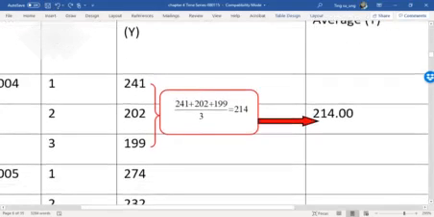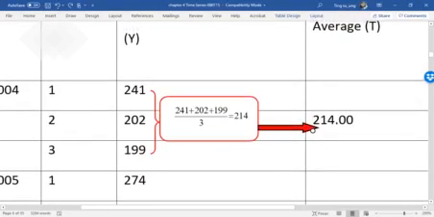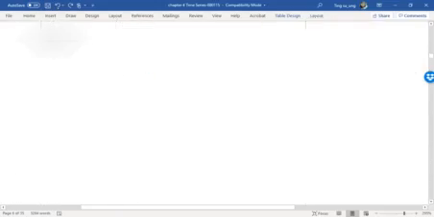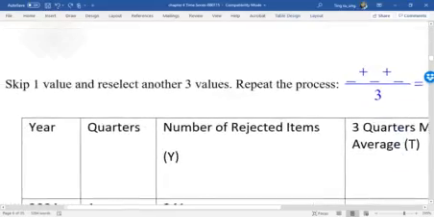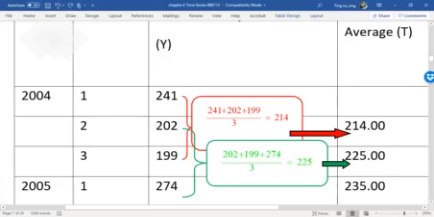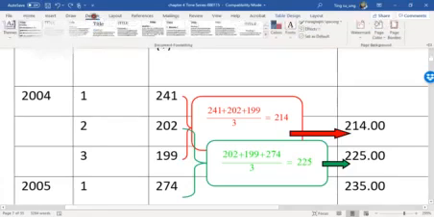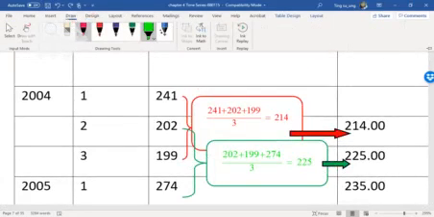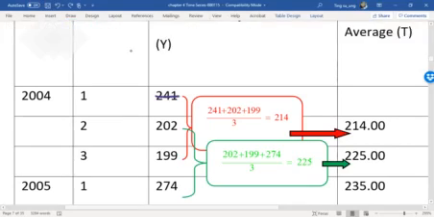How do you get the second set? What you need to do is just continue. Cover it with your ruler or anything.